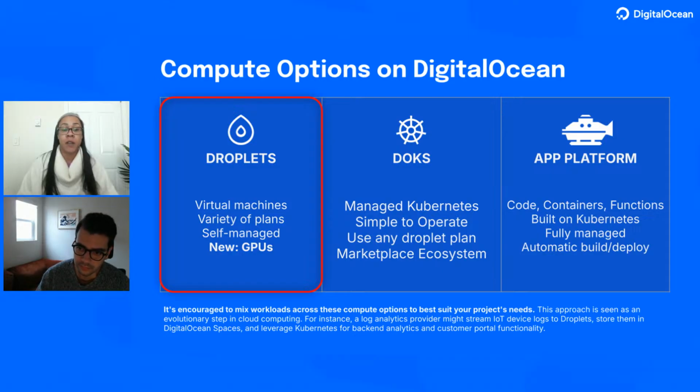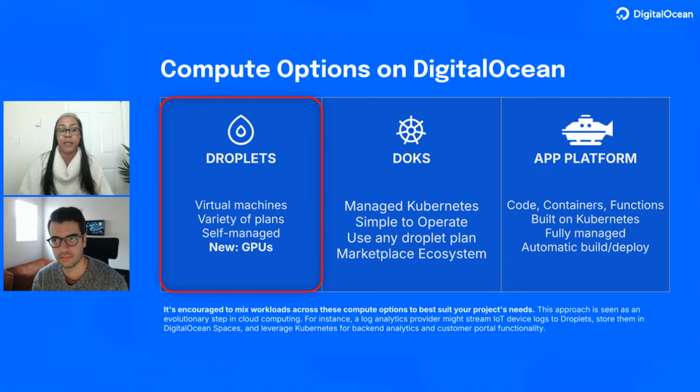Along with this, though, we also offer managed Kubernetes, as well as an app platform. And all of these, again, we find our customers not just come to us for droplets in a lot of cases, but really to leverage the whole ecosystem. And Yaz will share more about how you can do that specifically with GPU droplets.